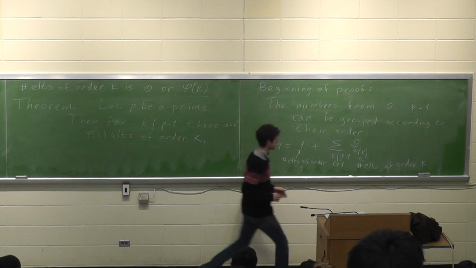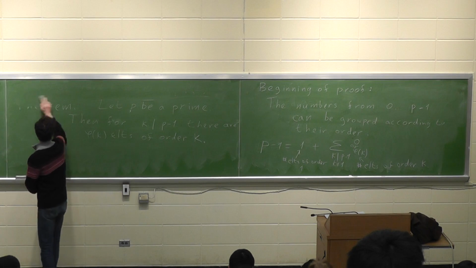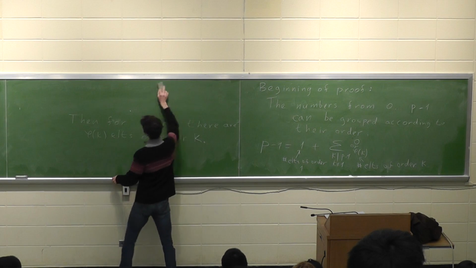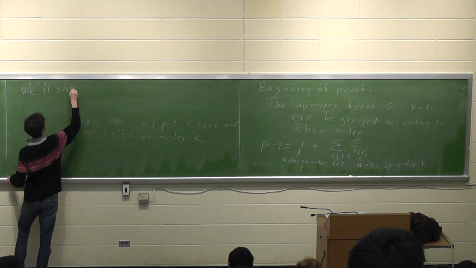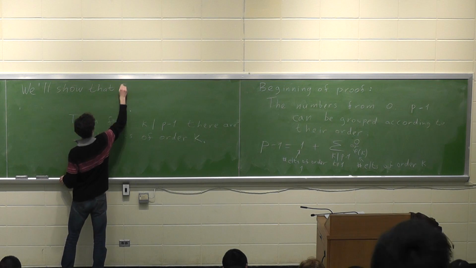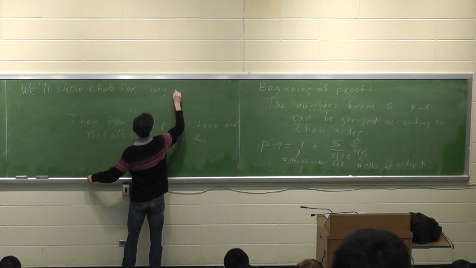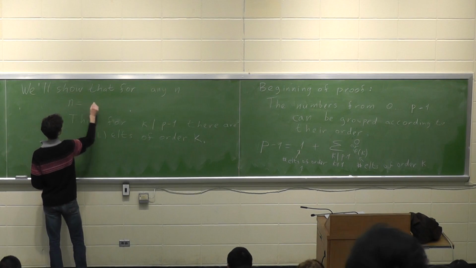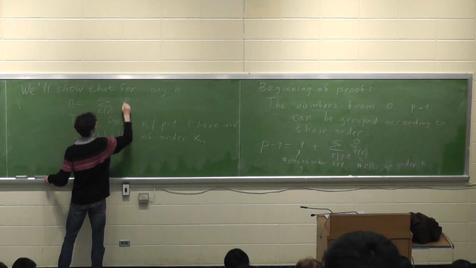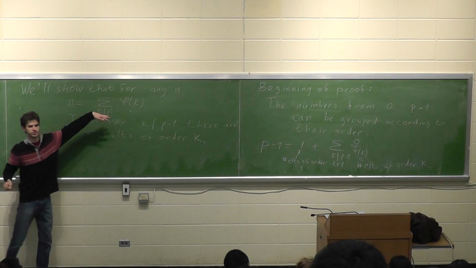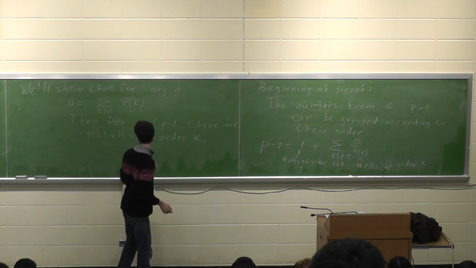So we will show that any n is actually equal to the sum over its divisors of φ(k). Here the divisors do include 1, so over all possible divisors from 1 to n.